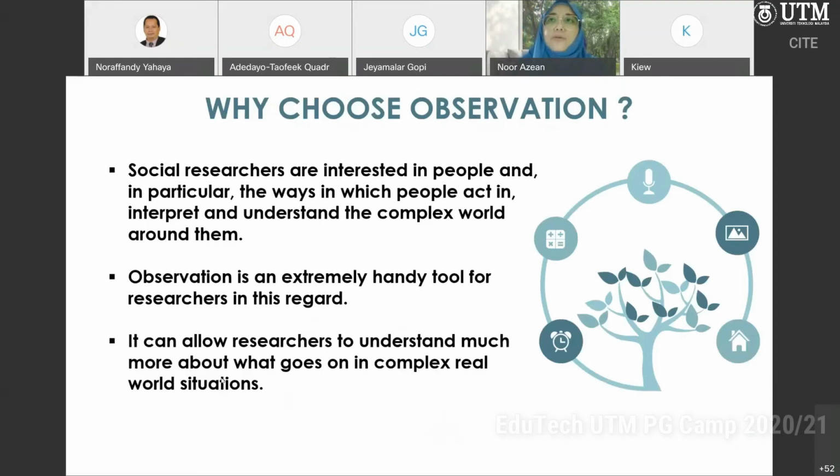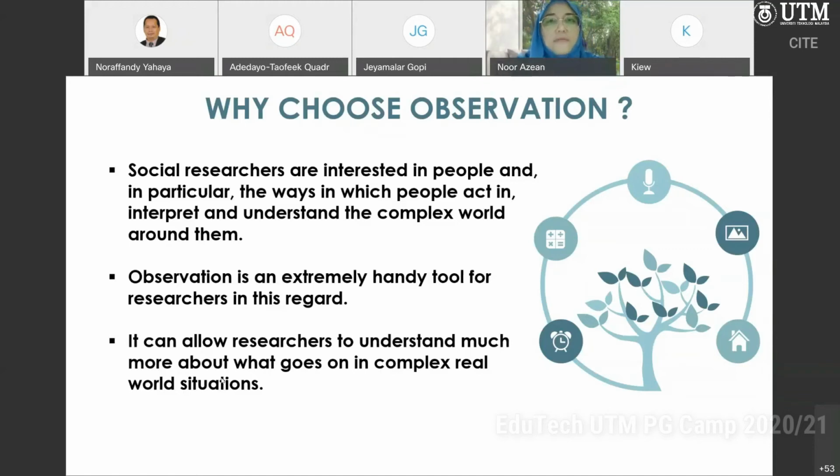So why choose observation? Okay. Social researchers are interested in people, in particular the ways in which people act, interpret, and understand the complex world around them. So how people see and understand their surroundings no doubt plays a part in the ways in which they behave, act, interact with others, and in a way their actions are perceived by others.